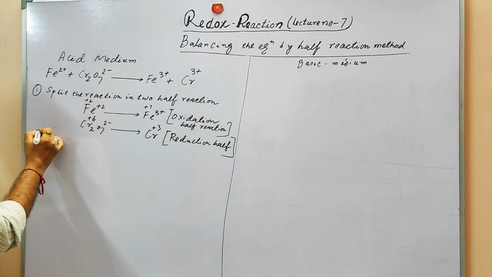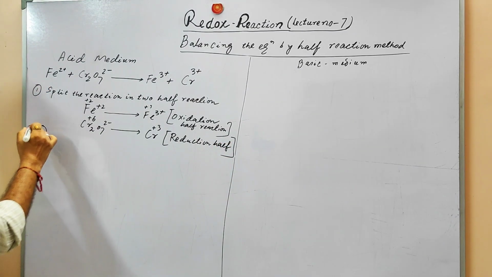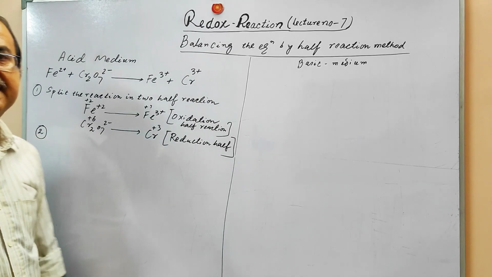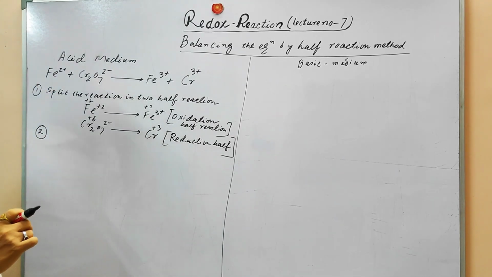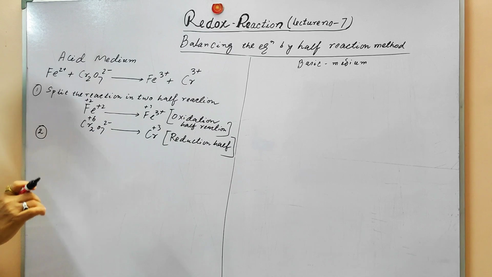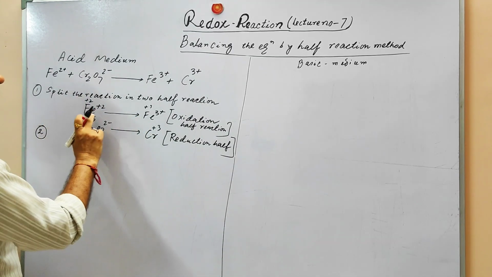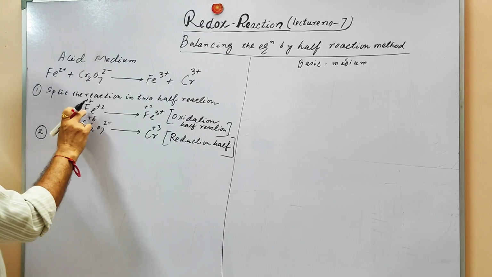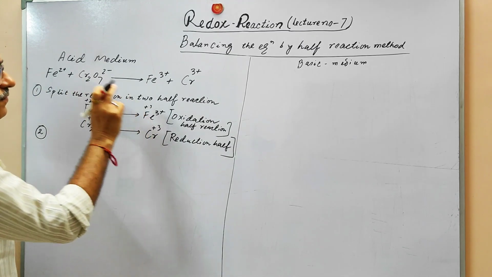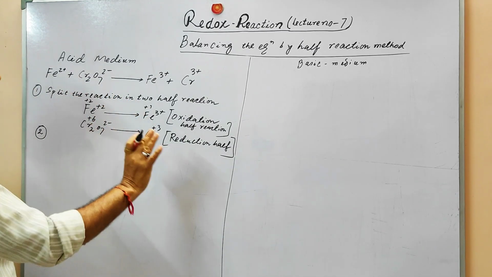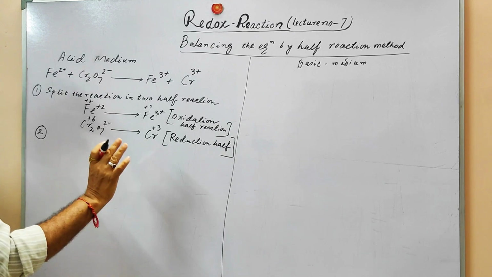In the first step of balancing, we first balance everything other than oxygen and hydrogen. Oxygen and hydrogen we will balance afterwards. The oxidation half reaction is already balanced: one Fe atom on the left hand side and one on the right hand side, so there is no need to balance it.